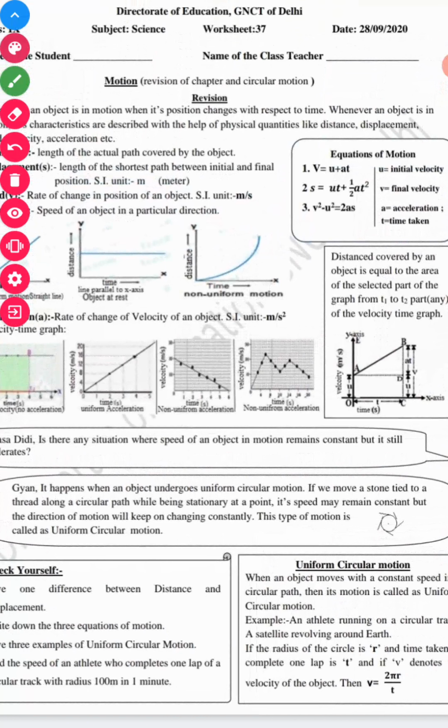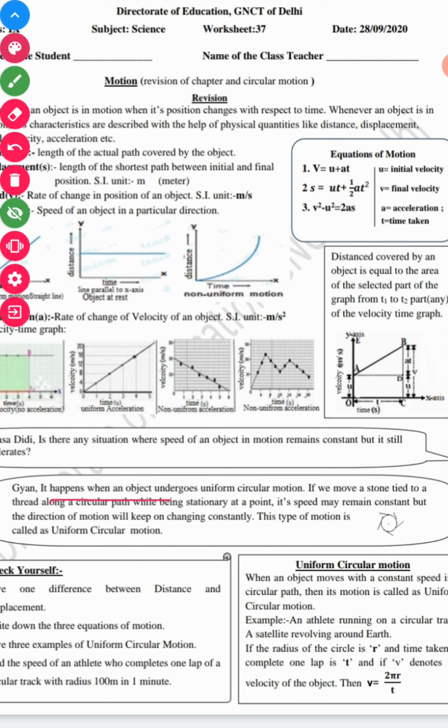The exact definition of uniform circular motion: when an object is moving on a circular path, its speed may remain constant, but the direction of the motion keeps on changing, and this is why it is called uniform circular motion.